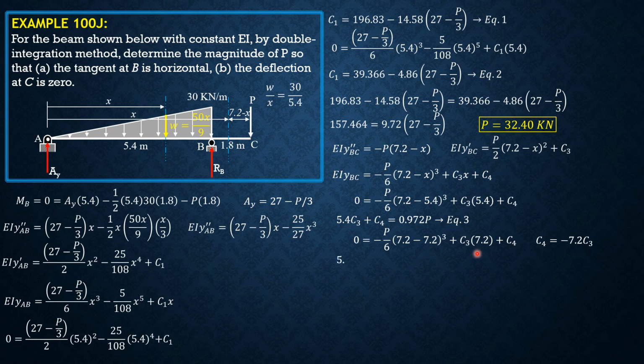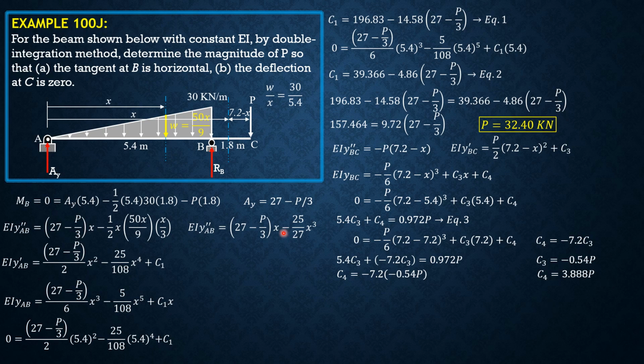Substitute in equation 3: 5.4 c sub 3 plus negative 7.2 c sub 3 equals 0.972 P. So from here we can solve c sub 3, negative 0.54 of P. And c sub 4 is negative 7.2 of quantity negative 0.54 P, so c sub 4 is 3.888 P.